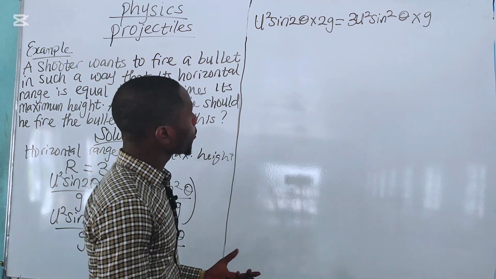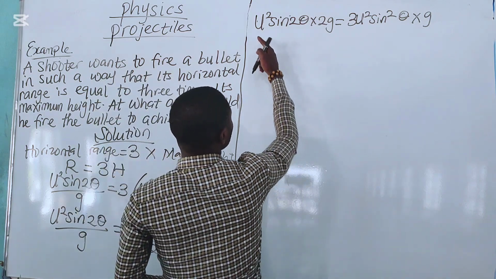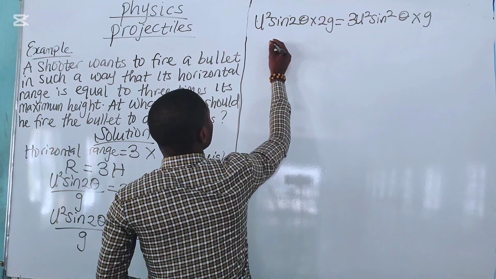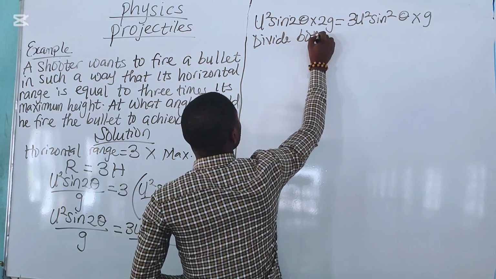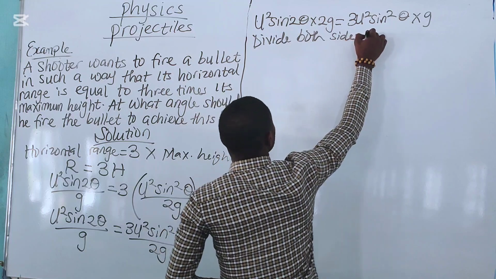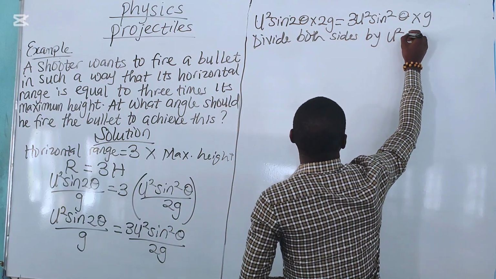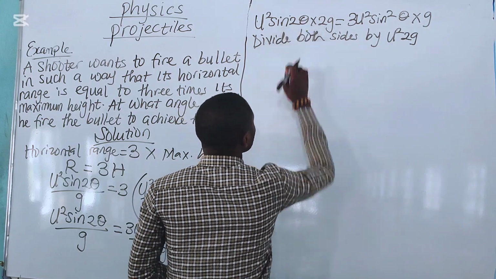So at this point, let's divide both sides by u square 2g, so that we would be left with just sine 2 theta.